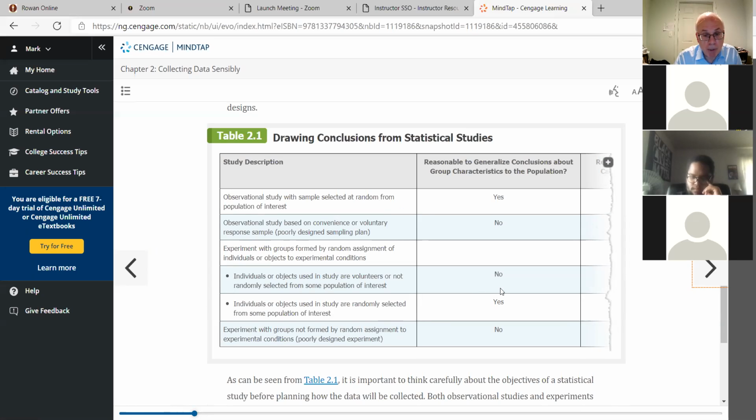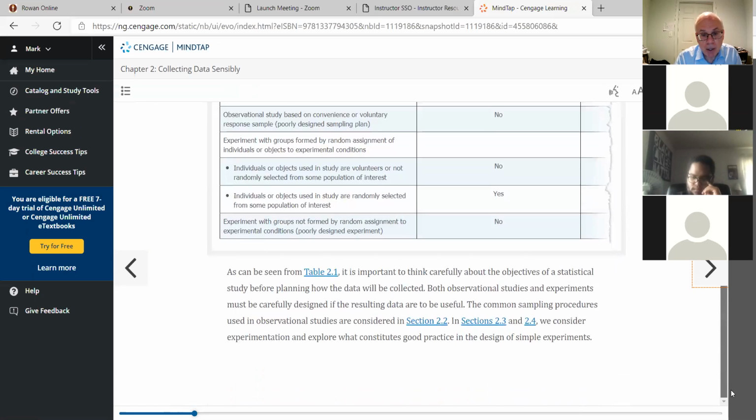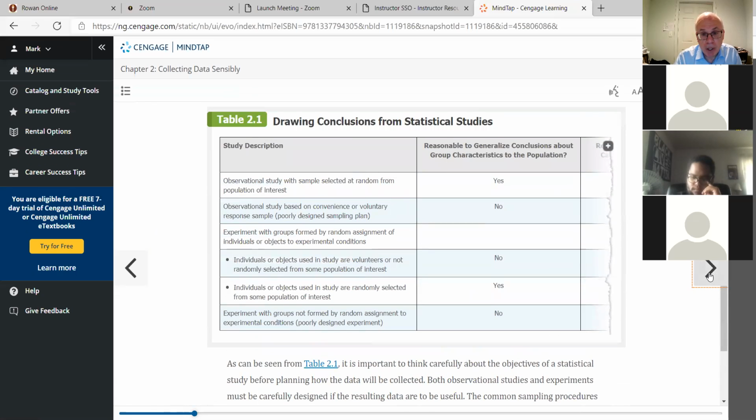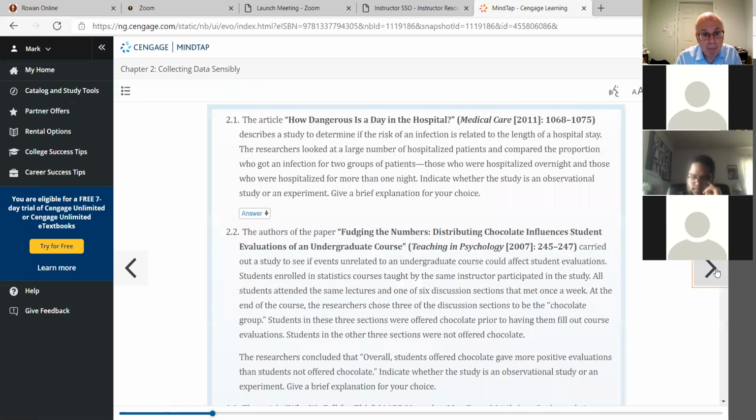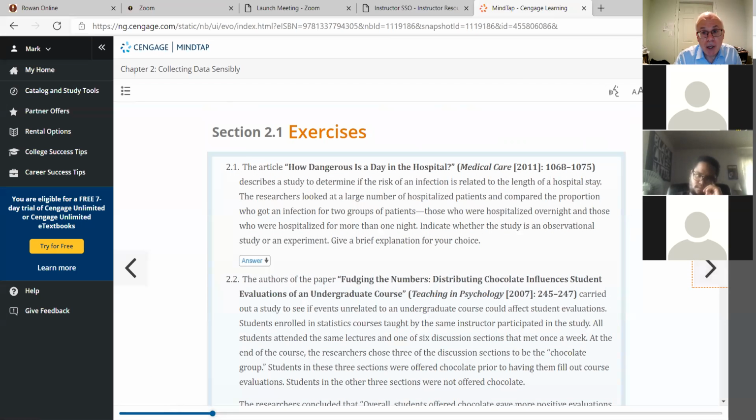So experiments are not necessarily, even though most people would apply the results to the population, they don't necessarily apply to the population if the participants were not selected randomly from the population. So that's an important concept right there, the idea of when can you generalize the results to the whole population. Okay, so that's the first section.